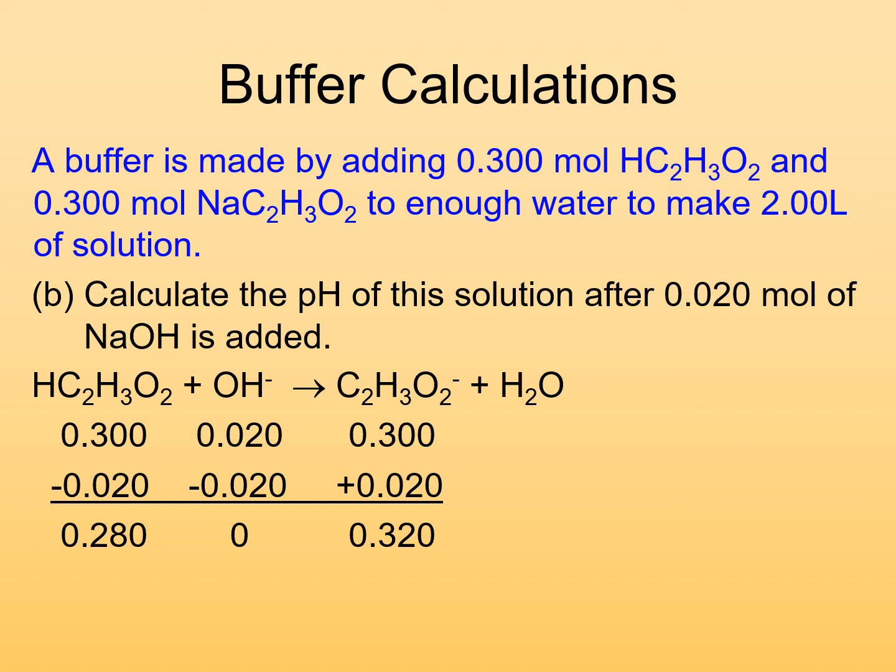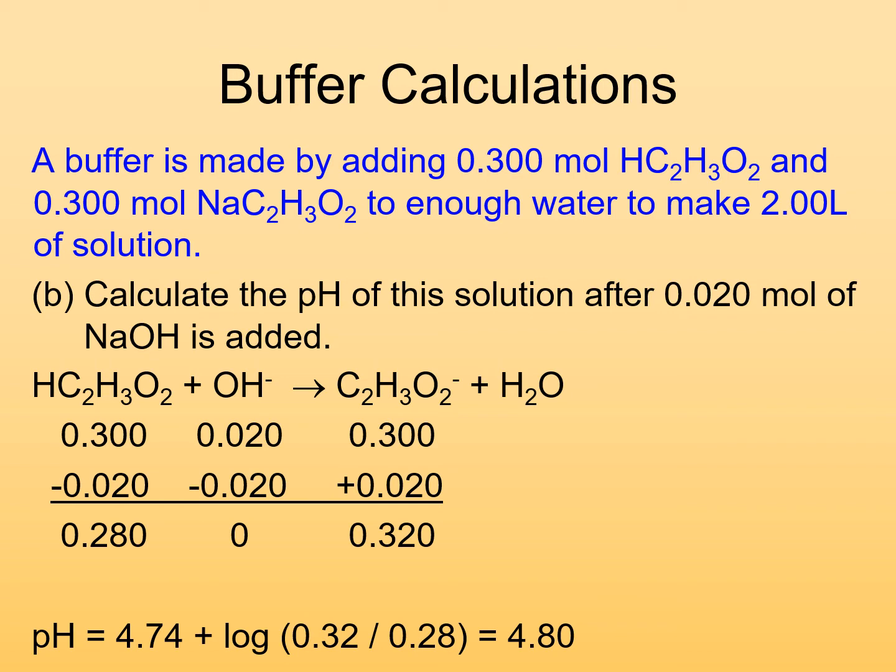So if we want to know the new pH, you can now plug these values into that same Henderson-Hasselbalch equation. So pH is equal to pKa, which was that 4.74, plus the log of the base, the 0.320, over our acid, the 0.280.